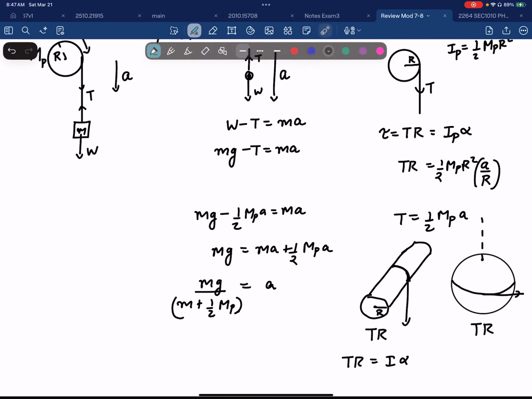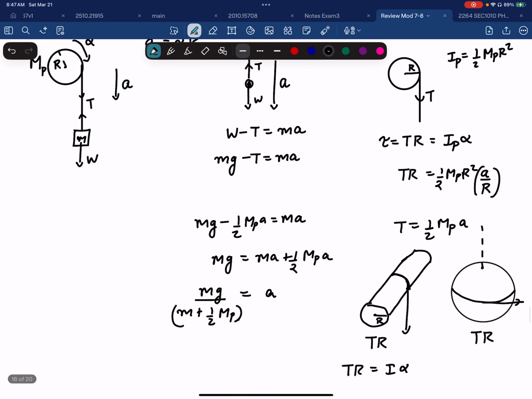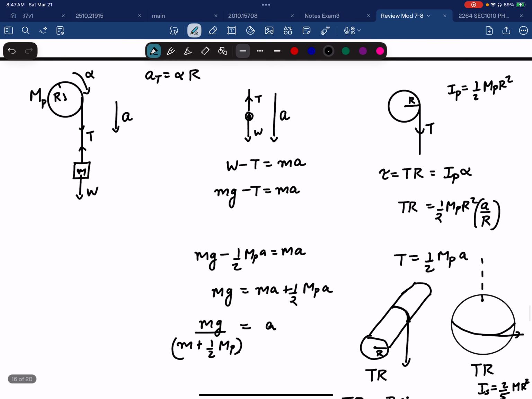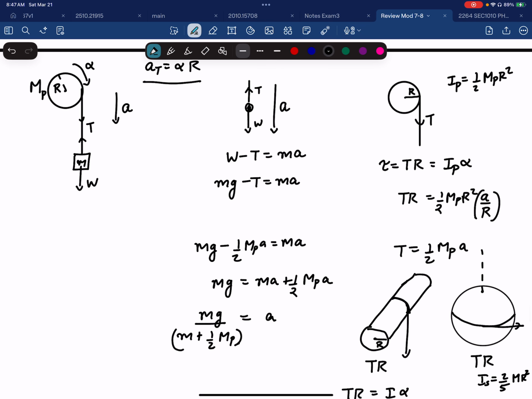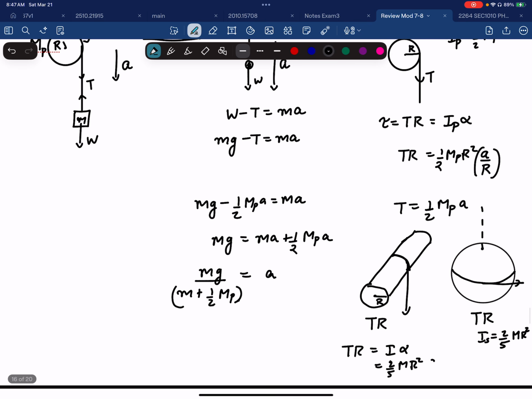Okay, so ultimately, for example, for a sphere, let me just take a sphere, it is 2 by 5, let's say 2 by 5 mr squared. This is the only thing which is going to change, for these kinds of problems. And alpha, again, will be equal to this tangential. So your tension will ultimately look the same way.